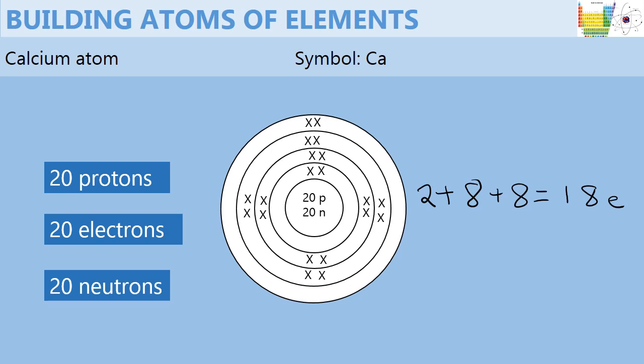From the 20 electrons that calcium contains, we have 2 extra electrons remaining, which means since the third energy level is full, they will occupy the fourth energy level.